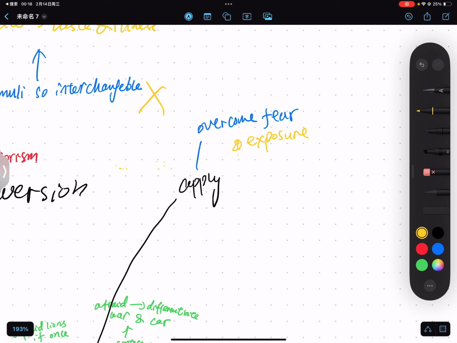Another way is counter conditioning, for example associating the thing that you don't like with food.